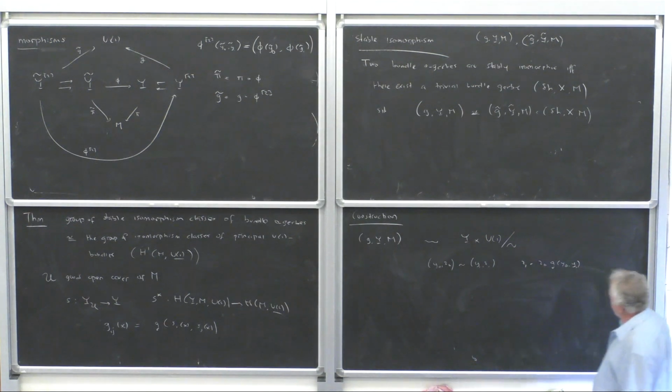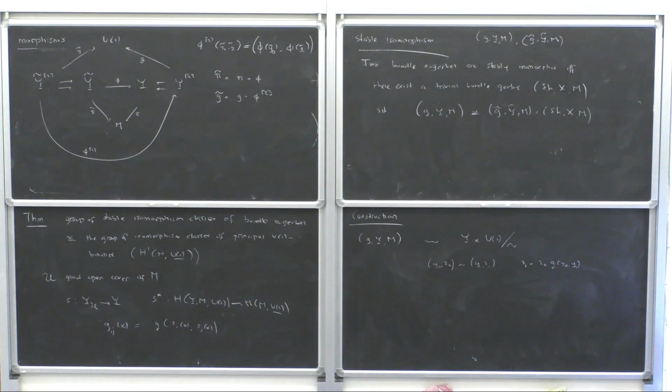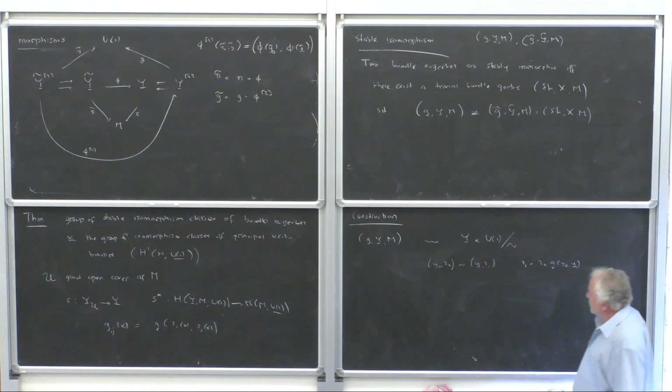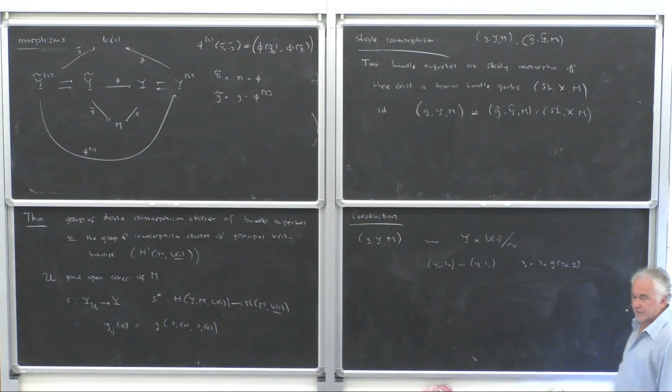So if they're related by my cocycle. Now, of course, if you're familiar with principal bundles, if you do this for the submersion given by an open cover, this is precisely the construction of a principal U1 bundle out of your Čech cocycle. So there's nothing new here.